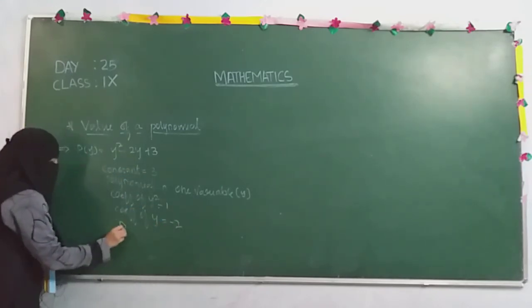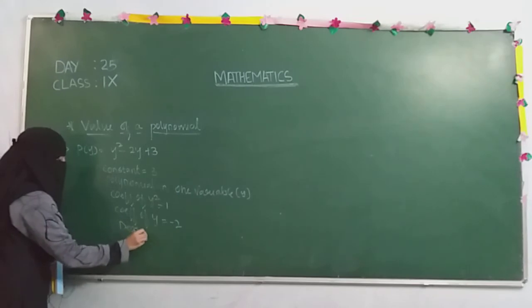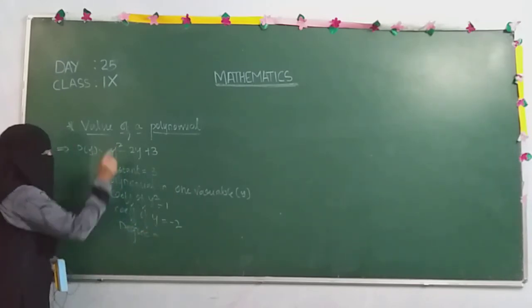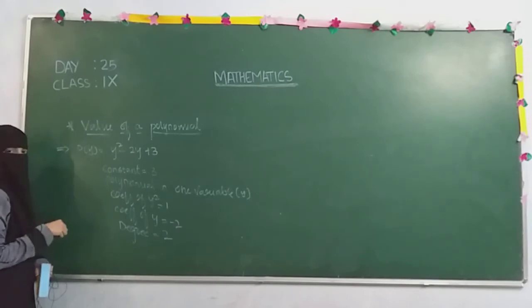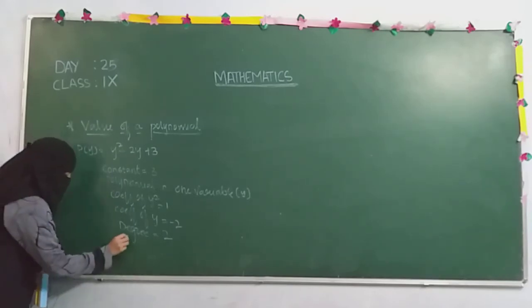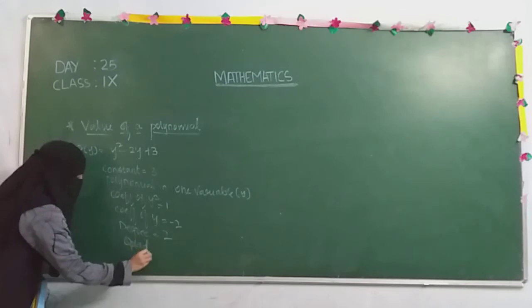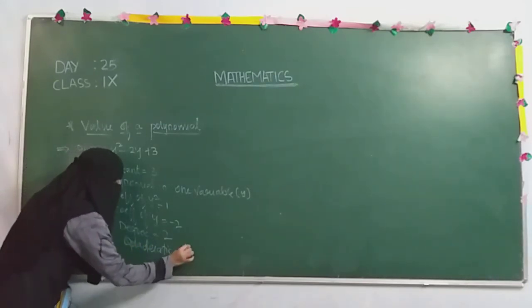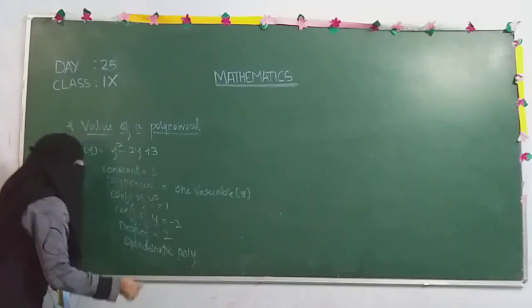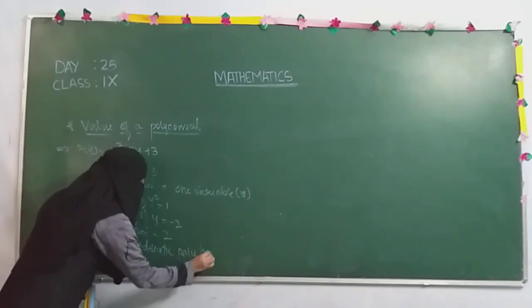Now next one, degree. Degree is the highest power. What is the degree? 2. Yes, exactly. Now based on degree, which type of polynomial? Yes, exactly, it is a quadratic polynomial, based on degree.